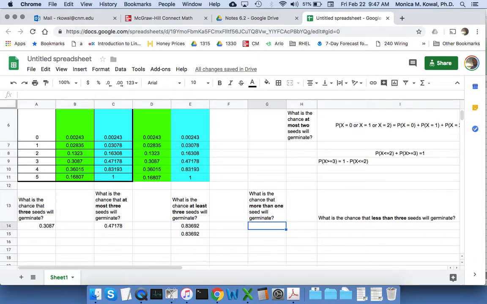What is the chance that more than 1 seed will germinate? Well, more than 1 would mean that you get 2 all the way up to 5, which means you need to sum all these up, right?